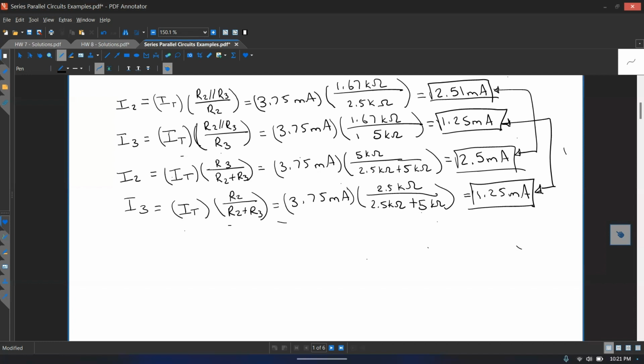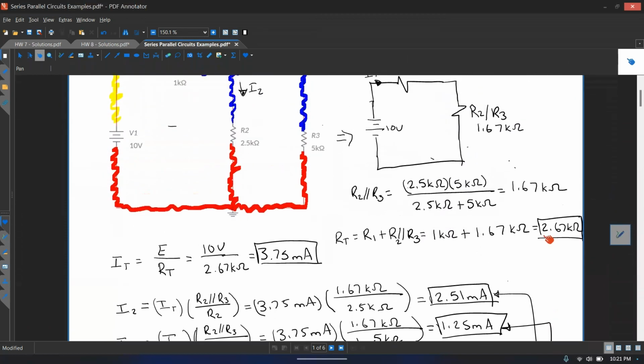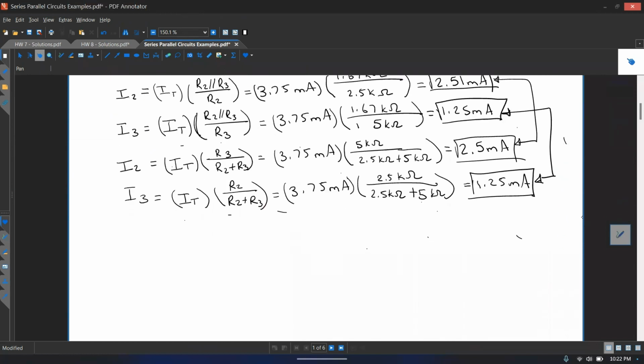And then another quick check to make sure we did this correctly is that the sum of I2 and I3 should equal the I total. I total can be called I1, which is the current through R1, but I'm just going to keep it as I total.